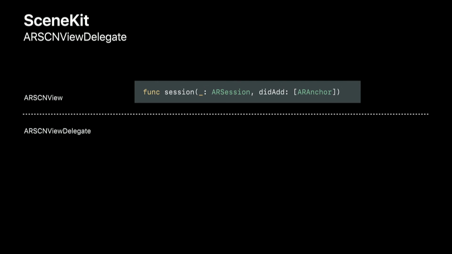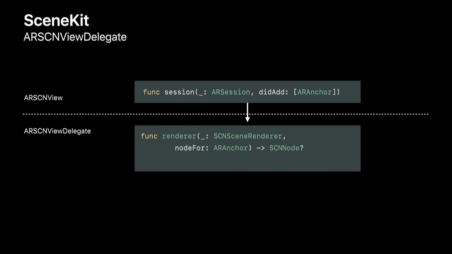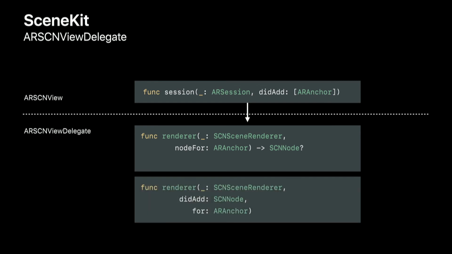So every time we add a new anchor to the session, ARSCNView will create a new SCNNode for you. If you want to provide your own node, you can implement renderer nodeForAnchor and return your custom node for this. After this, the SCNNode will be added to the scene graph, and you will receive another delegate call, renderer didAddNode forAnchor. The same holds true for whenever a node is being updated.